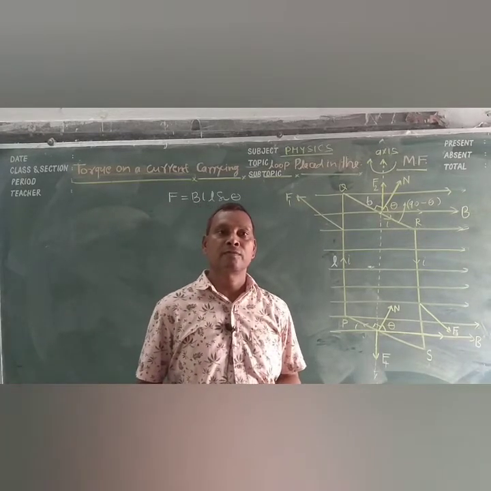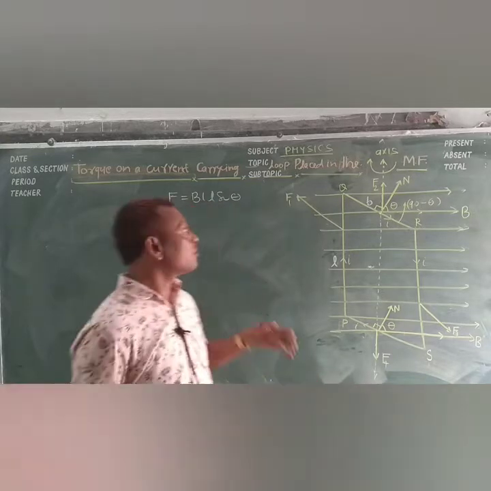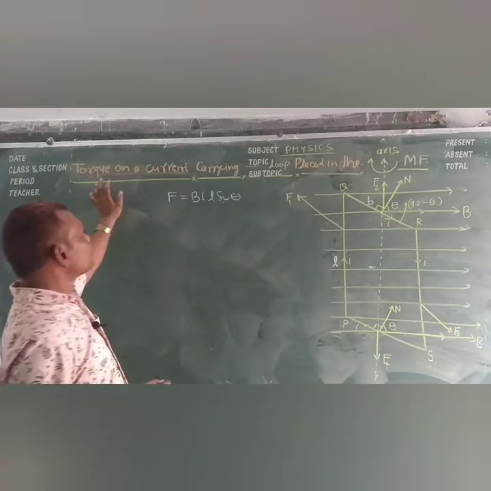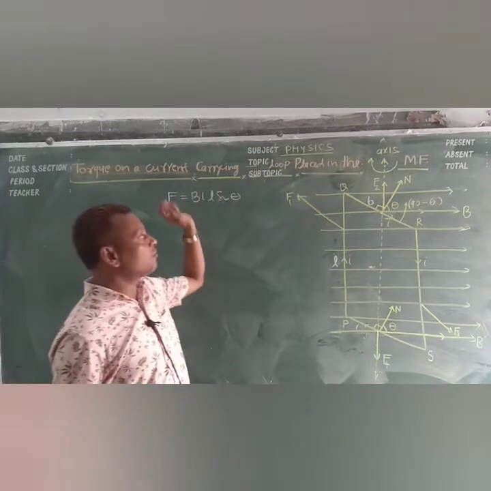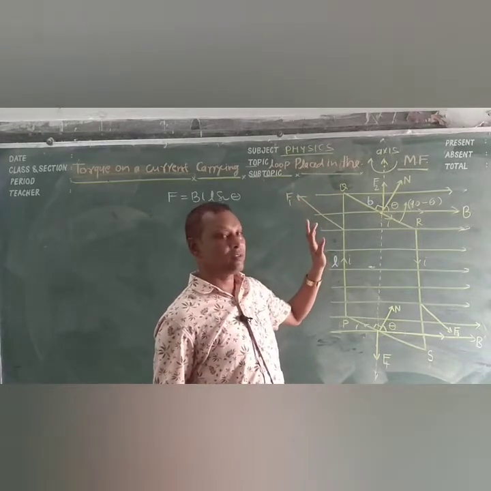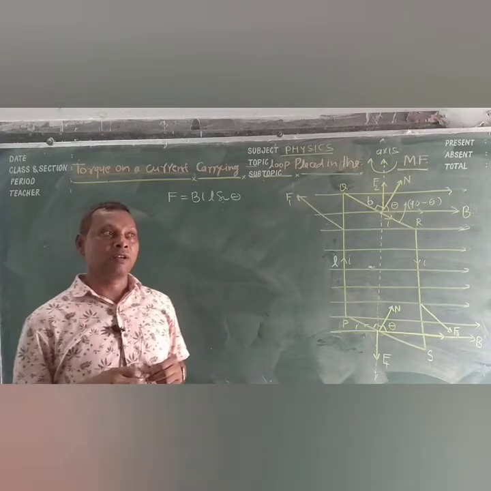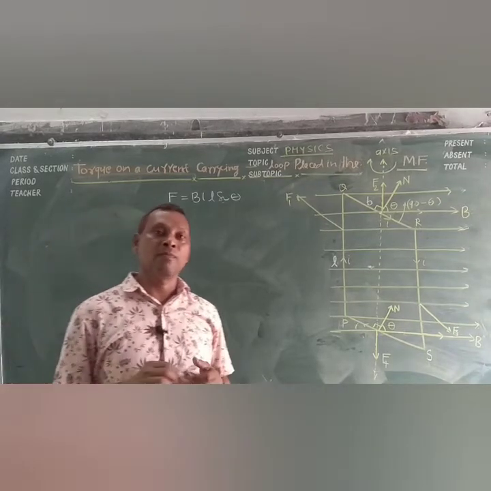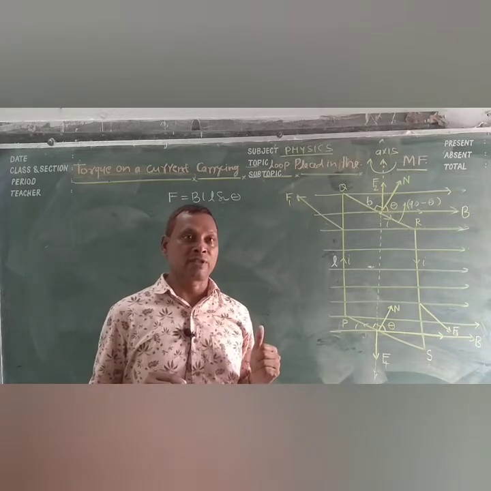Today I will teach you what is the torque on a current carrying loop when placed in the magnetic field. That means, when a current carrying loop is placed in the magnetic field, what is the value of torque? What is its expression?